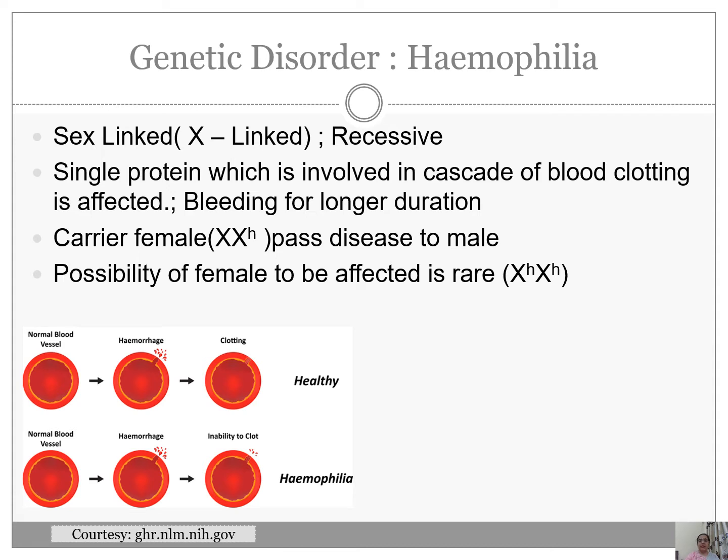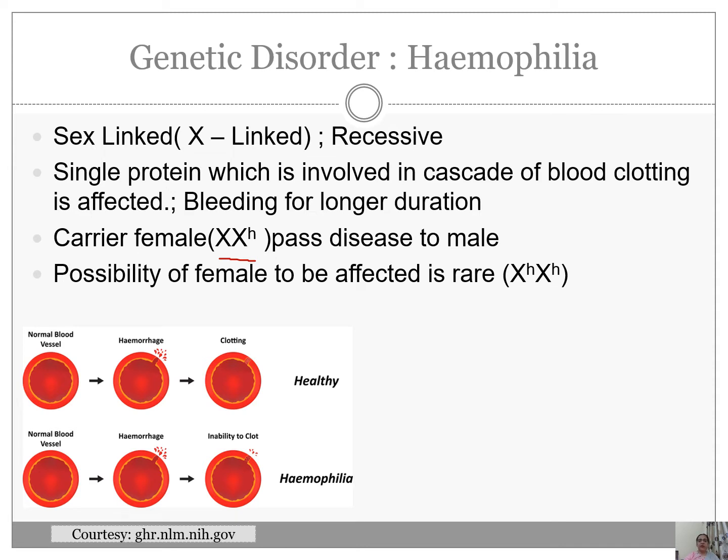Here, females are carriers because we know that this is a recessive disease. So females act as carriers and they pass the disease to males, because we know that males inherit the X chromosome from the female.